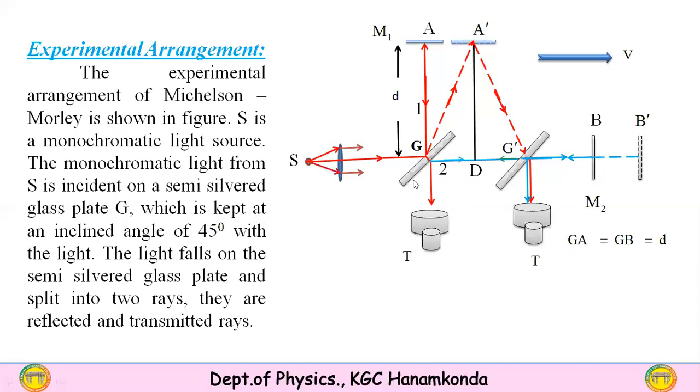This is the diagram when this entire setup is at rest. Here S is the source, G is a semi-silvered glass plate, M1 is a plane mirror, and M2 is one more plane mirror.